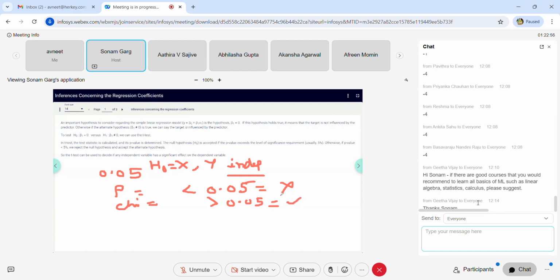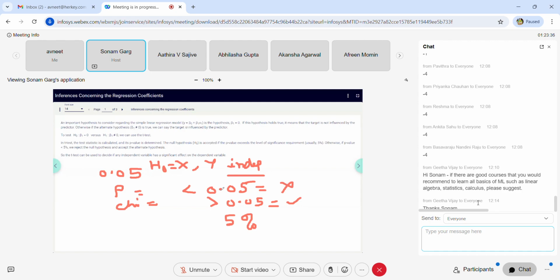So we initially assumed that they were independent, and then we were gathering enough confidence for this statement. If we get more than 5% support, then we can say that they are independent. If we did not get even 5% support that they are independent, we will reject our null hypothesis and conclude that they were dependent. X can determine Y. This is what we were doing in the chi-square test.